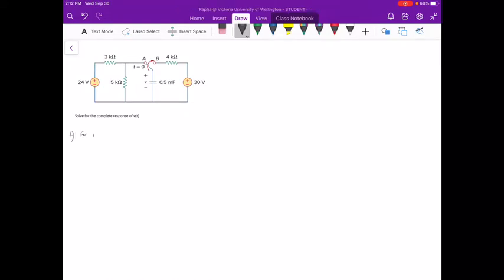So for switch at position A, we can immediately recognize that on position A we can neglect or discard the 4 kilo ohm and the 30 volt source circuit branch.